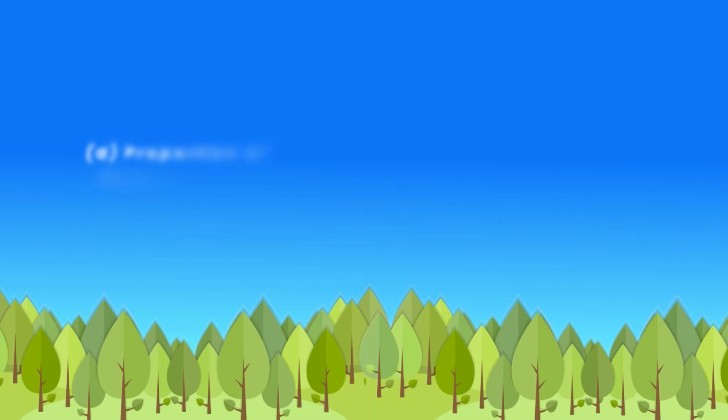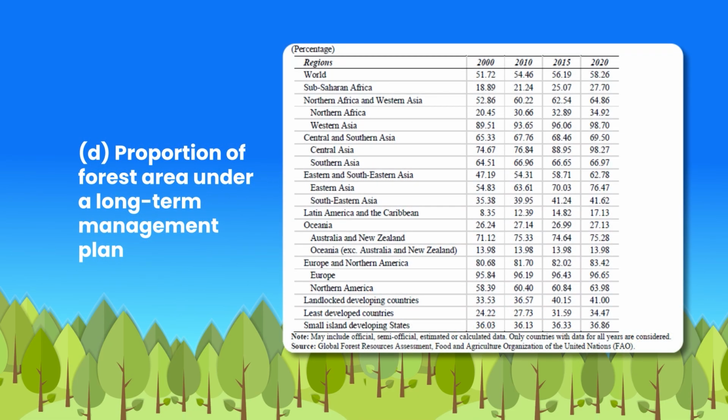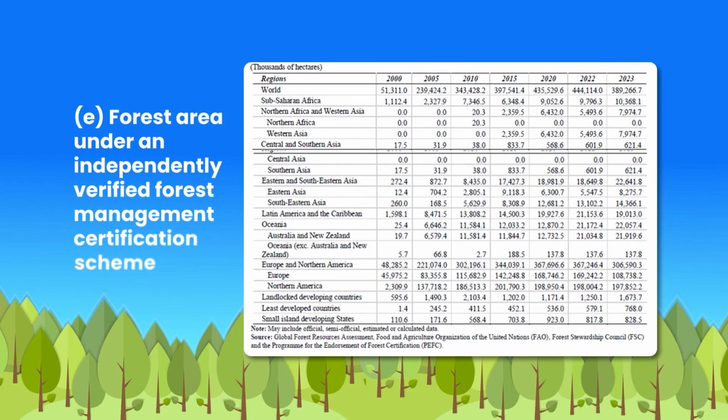Again, the proportion of forest area under a long-term management plan: here also we are going well, from 51.72 in 2000 to 58.26 in 2020. It is going well, because long-term ecological research and all these things are a slow process. Then, another indicator is forest area under an independently verified forest management certification scheme.